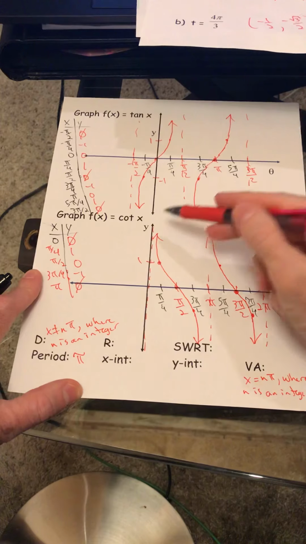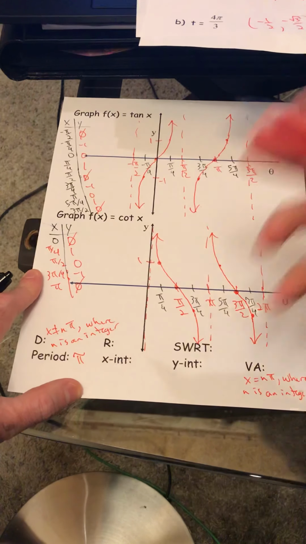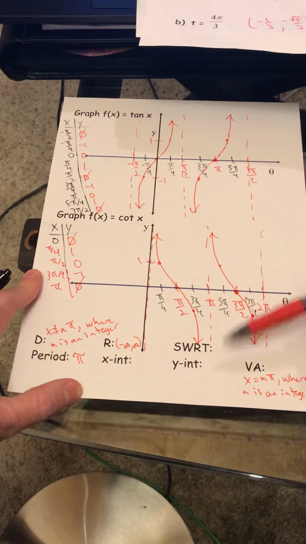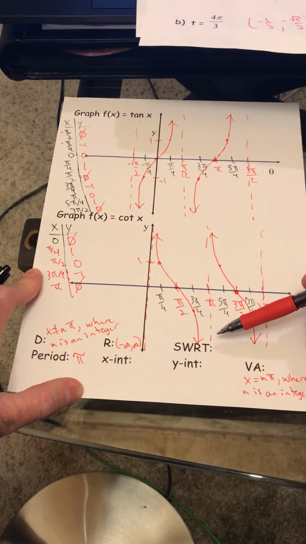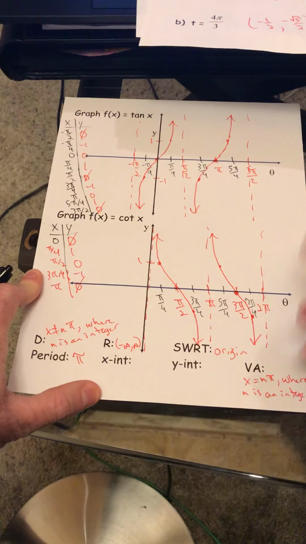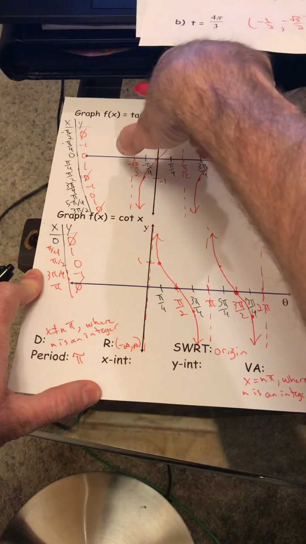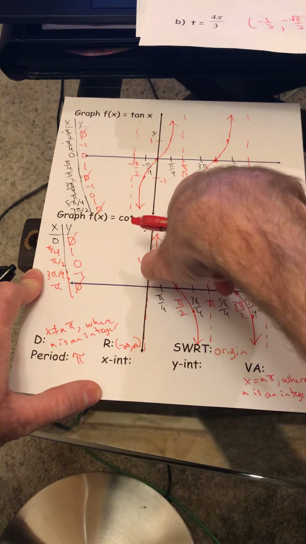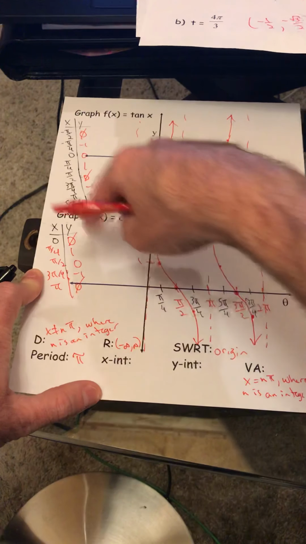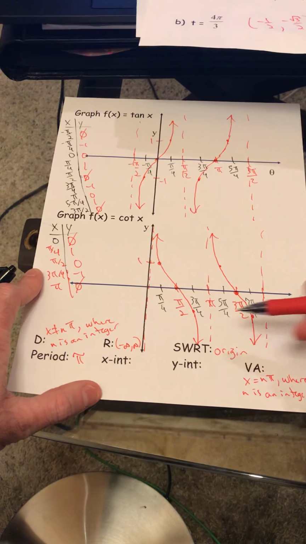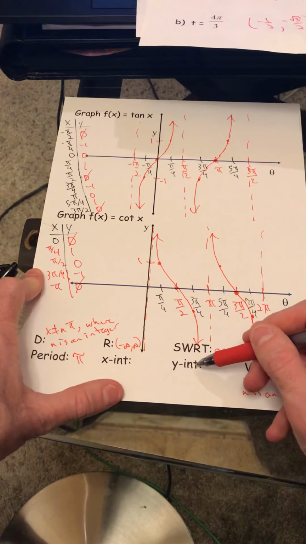Your range, well, these curves are continuous, negative to positive infinity. Symmetry. Both tangent and cotangent are odd functions, so the symmetry is the origin. Meaning, if you rotated these 180 degrees, this will mirror onto itself. If I rotated this 180, you'd have another one over there.